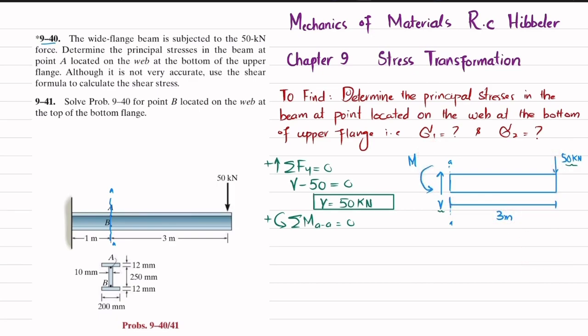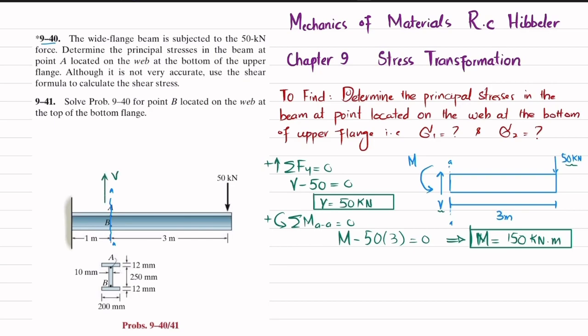So their sum must be equal to 0. So I will write M minus 50 into 3 is equal to 0. So from here, this moment will be equal to 150 kilonewton meter.